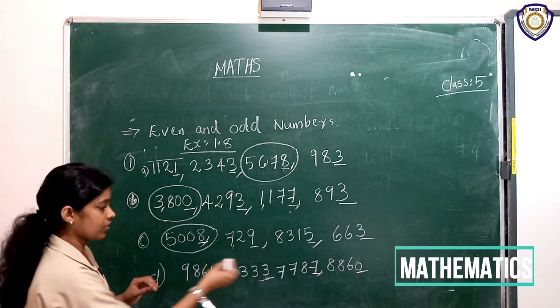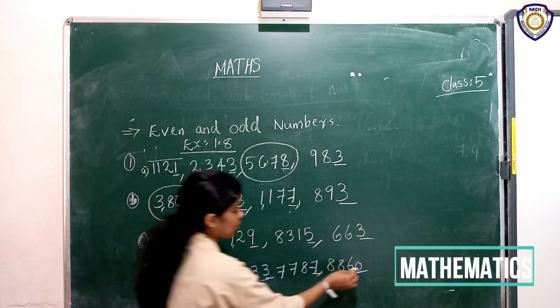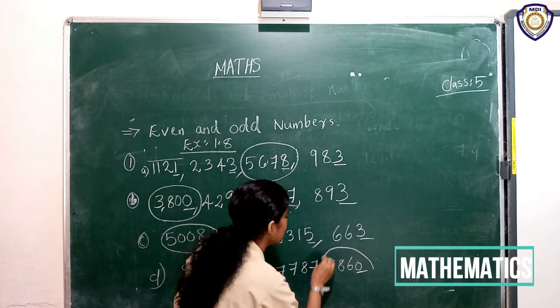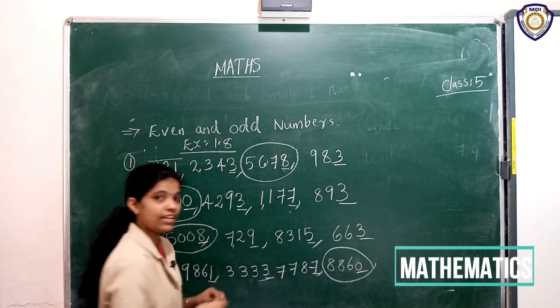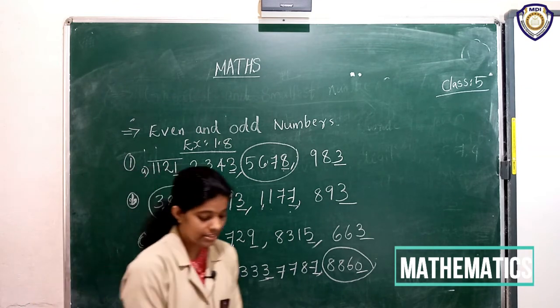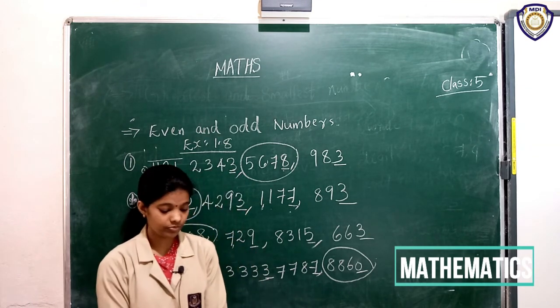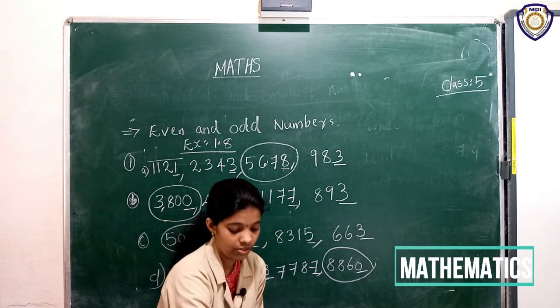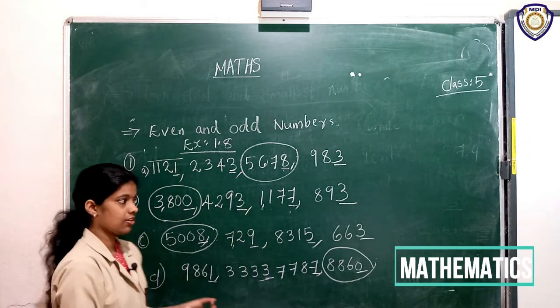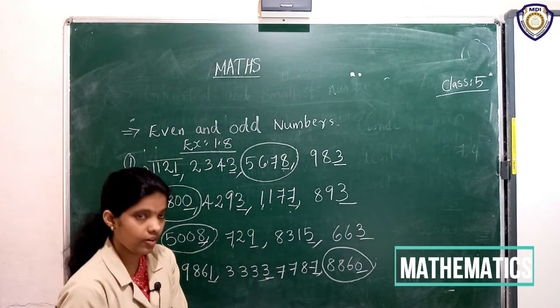Which number is it? Even number, 0. Okay, then circle the 0. Did you finish? Okay. Next one.